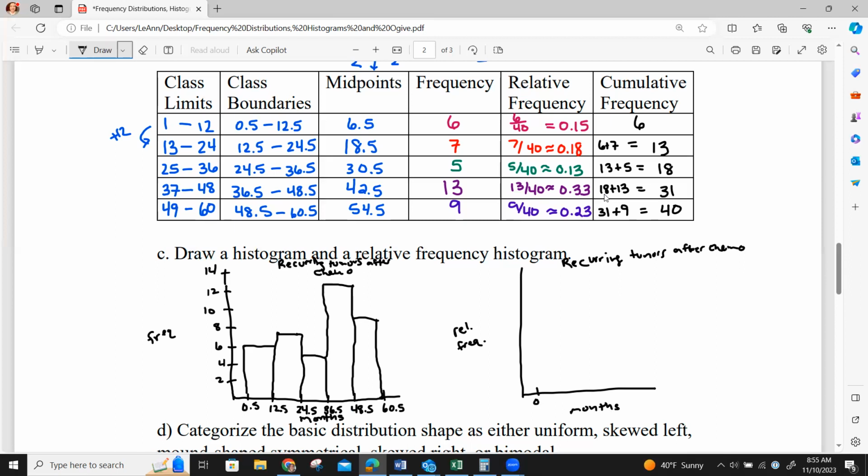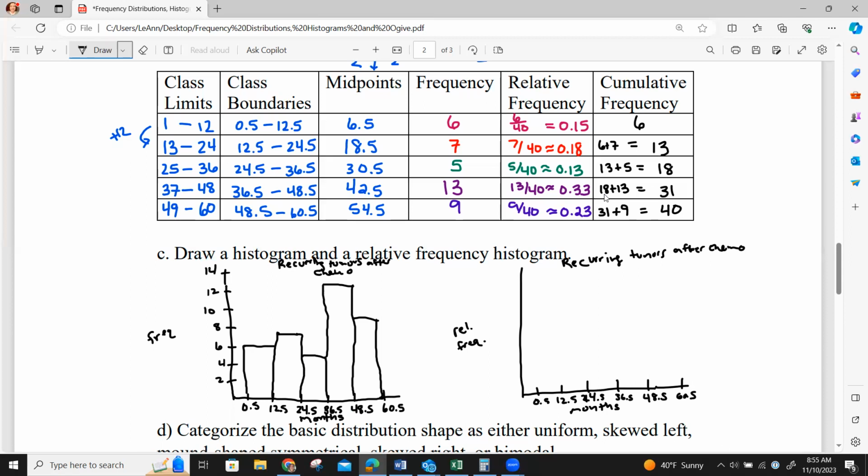We need to put our values, so 0.5, 12.5, 24.5, 36.5, 48.5, and 60.5. Then on this side, notice the highest decimal, or if you want to think of them as percentages that we get up to, is about 33, so 0.33.